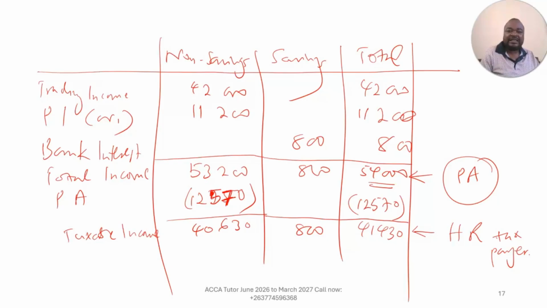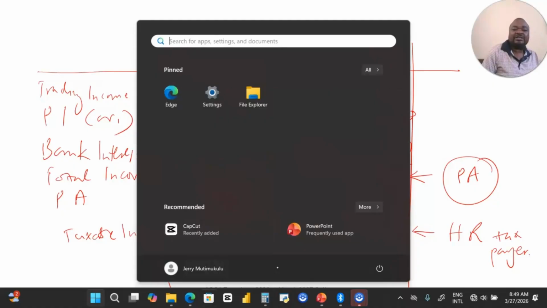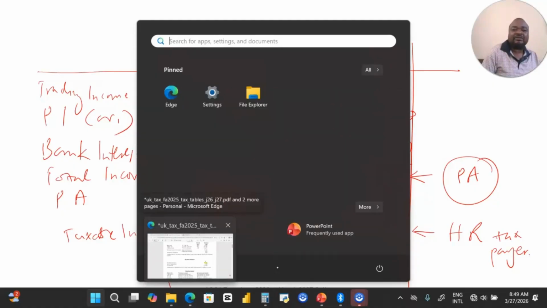So the first income is going to be taxed at the basic rate of 20%, and the remainder is going to be taxed at the high rate of 40%. Remember, we are still using the information from the tax tables.